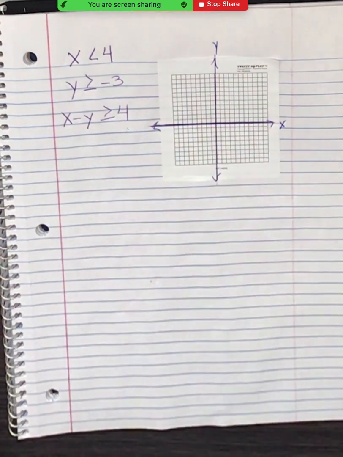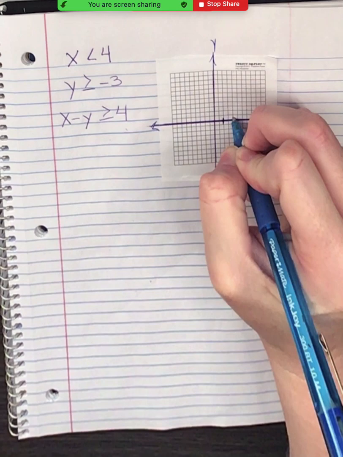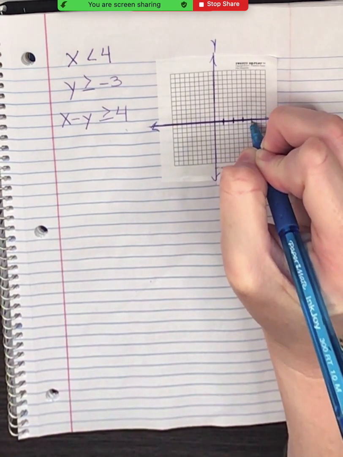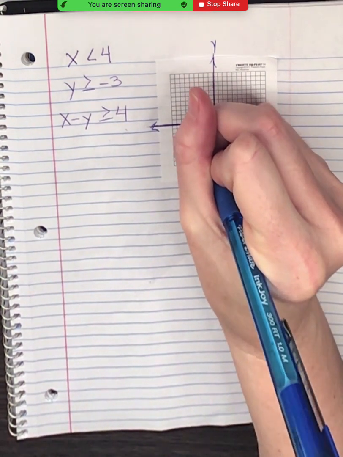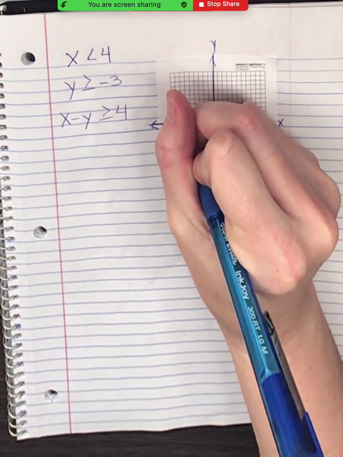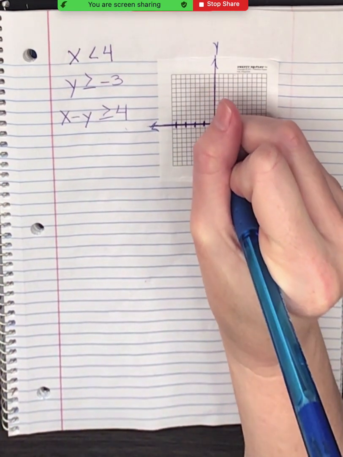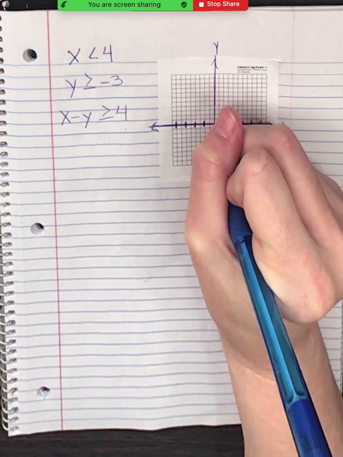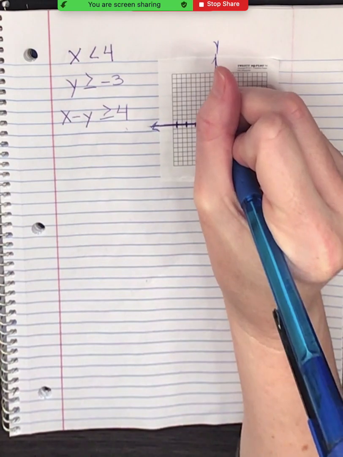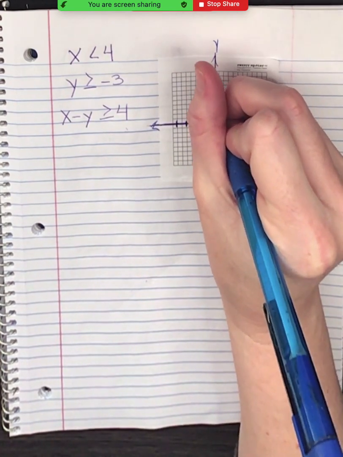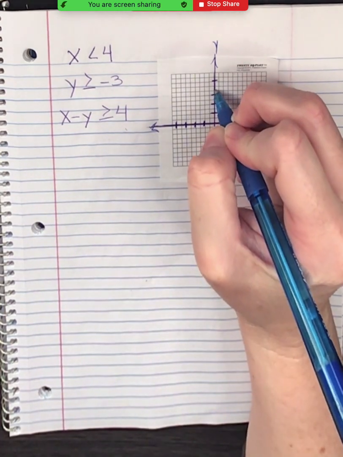All right, and we're gonna go, here's 1, 2, 3. Okay, actually it should be here.